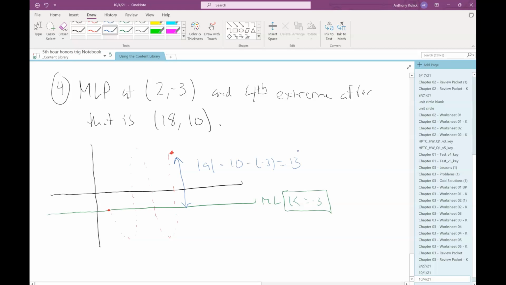Notice I don't have to divide it by 2 because I'm not going from max to min looking at the distance. I'm going from the distance max to midline, which is by itself the amplitude, right? Everybody's okay with why I didn't divide by 2 there? Okay.